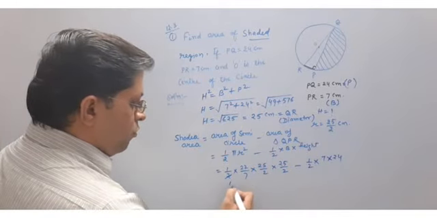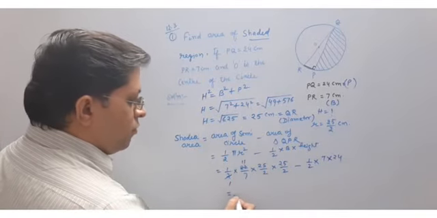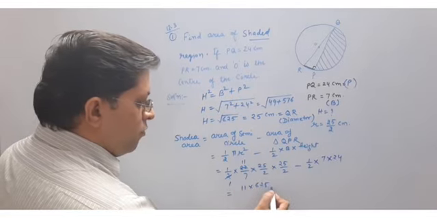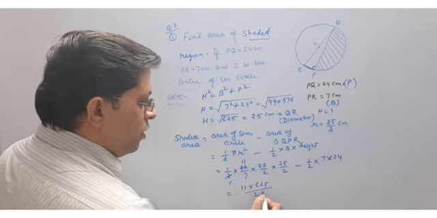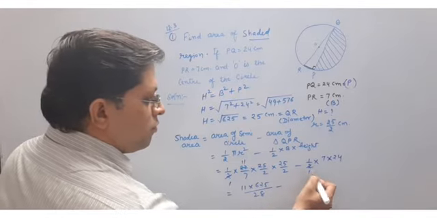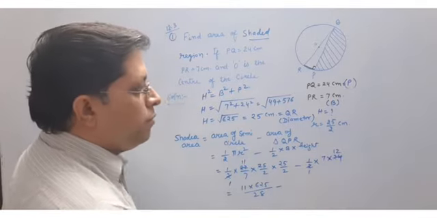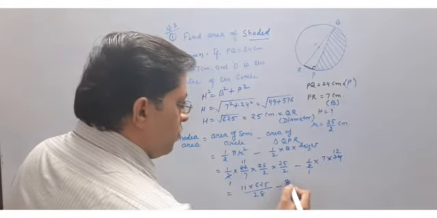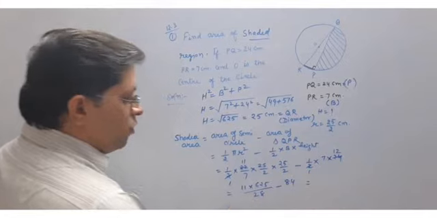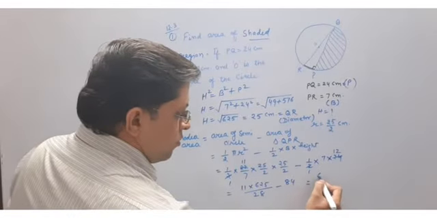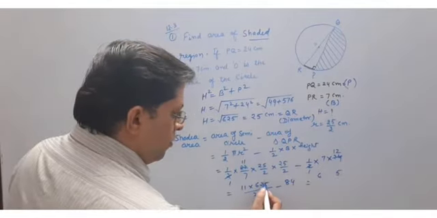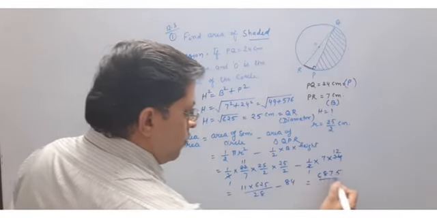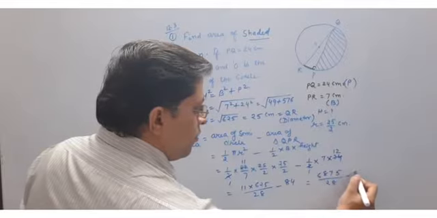Okay, 2 here, 11. 11 into 625 upon 28 minus 12, 12 7s are 84. This is your 84. What will come? 6 and 5 will be here. 5 plus 2 is 7, 6 plus 2 is 8, upon 28, minus 84.